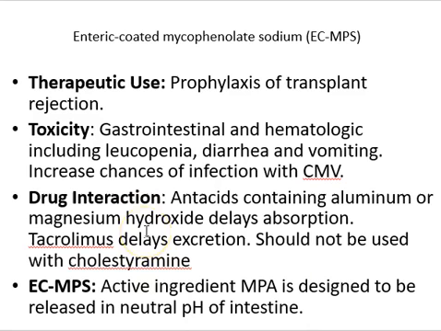We can use these in some of the GI inflammatory diseases like Crohn's, celiac, or ulcerative colitis and so forth. But you see a lot of ECMPS used for the prophylactic treatment of patients who are going to undergo solid organ transplants: kidney, liver, lungs, etc. You can see some nasty toxicities, including GI and hematologic toxicities, ironically enough diarrhea and vomiting, as well as co-infection with CMV.